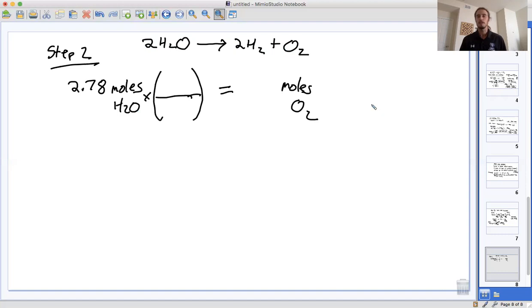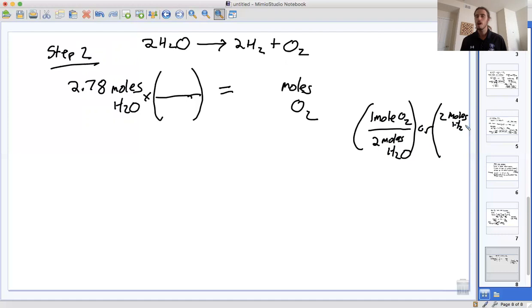So my two conversion factors would be 1 mole of O2 over 2 moles of water, since 2 moles of water produces 1 mole of oxygen, or I can flip it: 2 moles of water over 1 mole of O2.